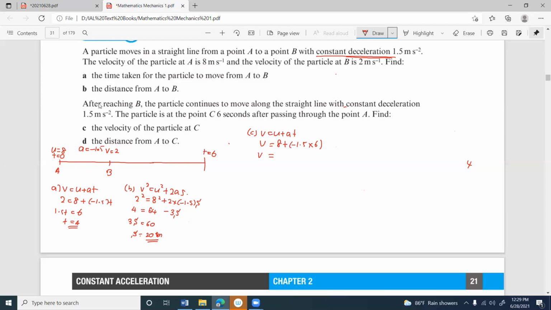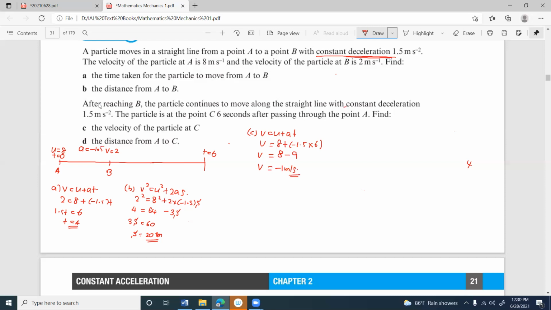The reason is the acceleration. It's having the same amount of deceleration. Therefore, from here onwards, you can use the same equation of motion. Now let's see, it's a pretty interesting fact. It comes to minus 9 plus 8, so V equals minus 1 meters per second.